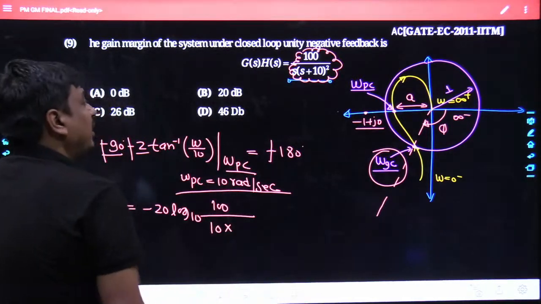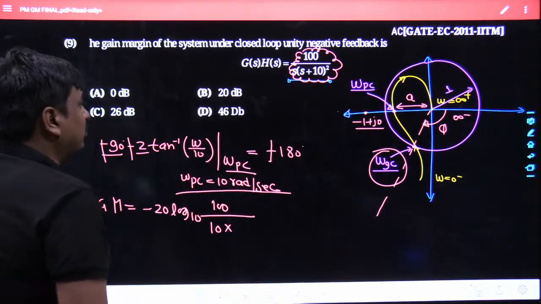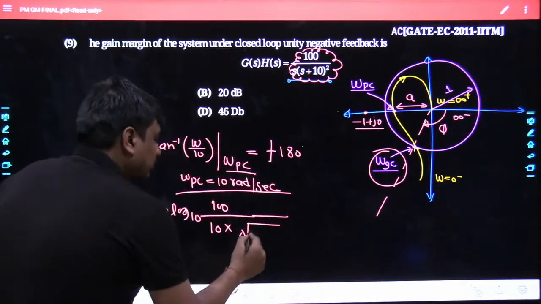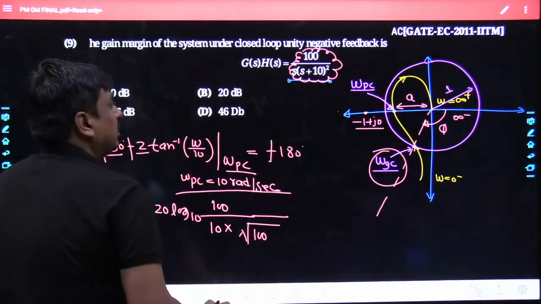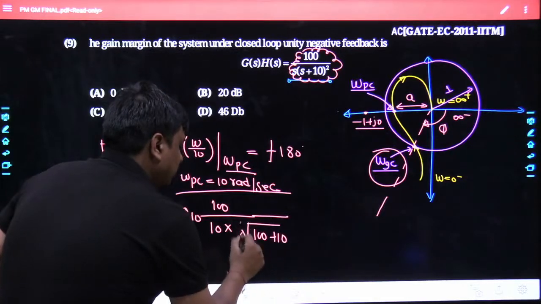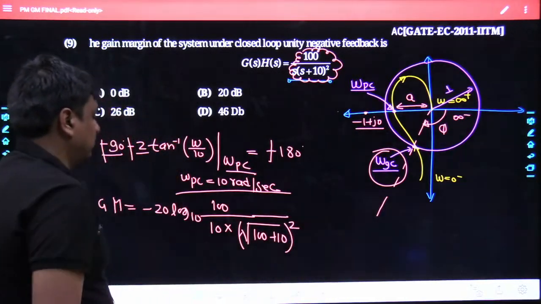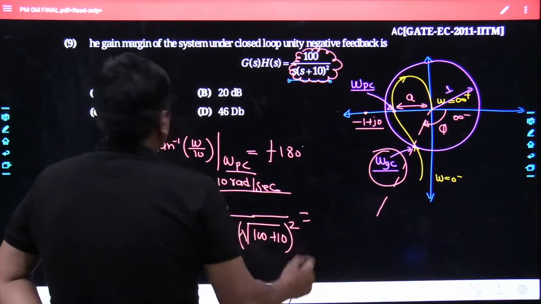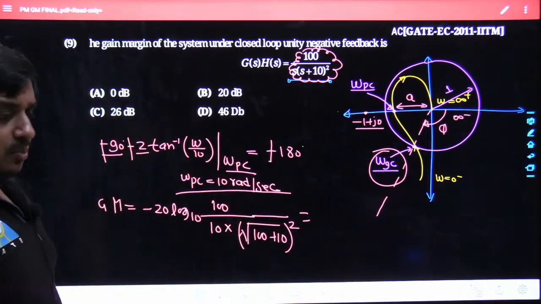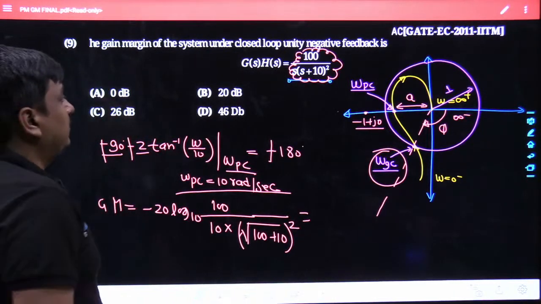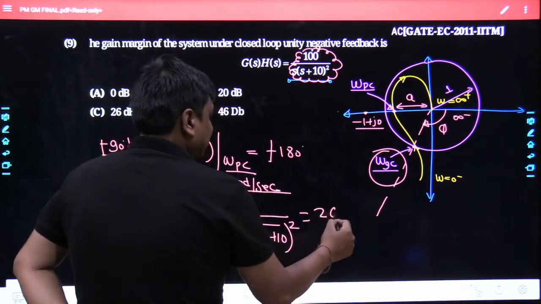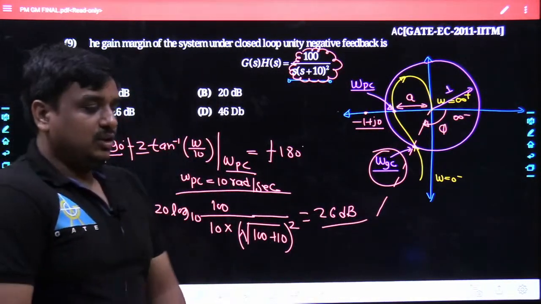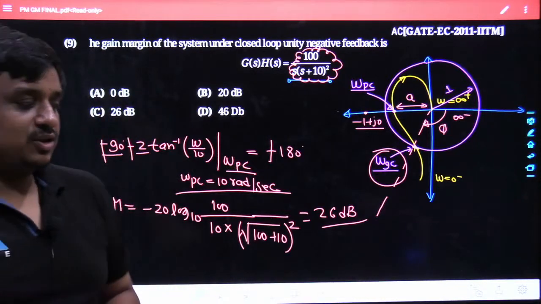The magnitude of s is nothing but omega, so definitely it would be 10 as it is. Here goes omega square, which becomes 100, plus 10 to the power of 2. And whenever we calculate this result, definitely tell me how much the answer is coming. Probably it is coming 26 dB. You can check by yourself. Probably it is coming 26 dBs. Yes. Till this point, nobody should have any doubt as such.